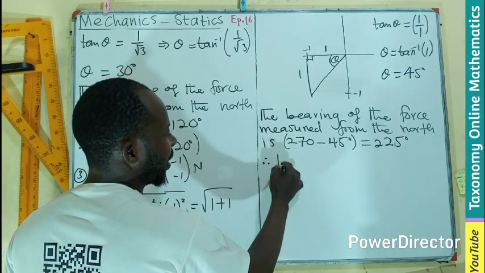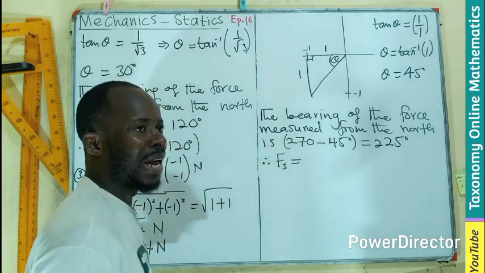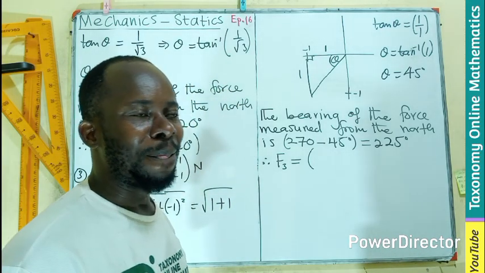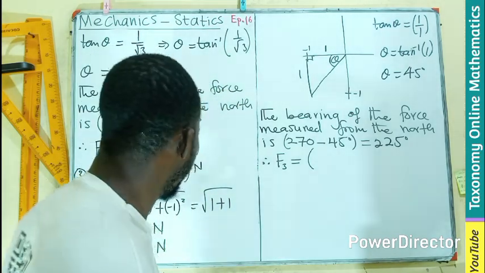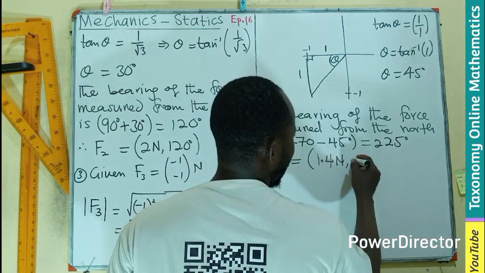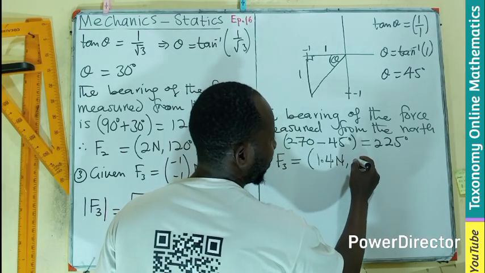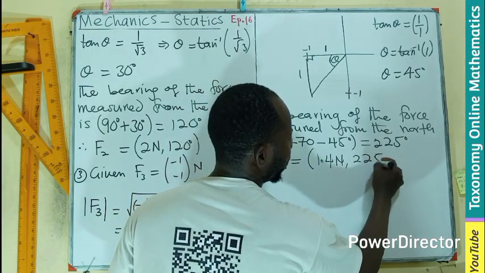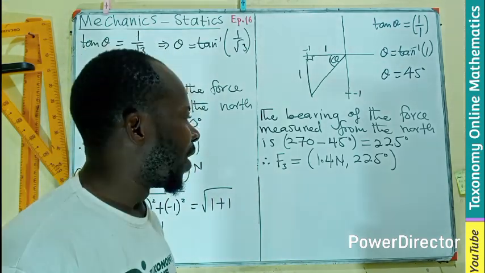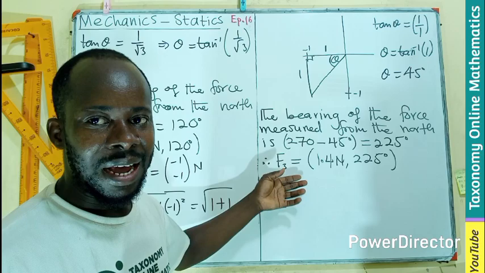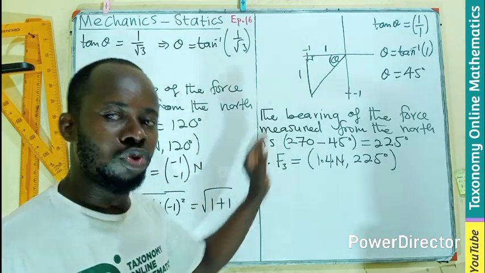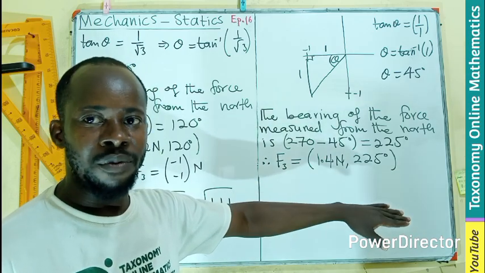So therefore, the force 3 in the magnitude and bearing form is going to be the magnitude 1.4 Newton, bearing is going to be 225 degrees. The distance will be a direction, not a distance. All right. So this is also showing the force resolved from component form in the third quadrant to the magnitude and bearing form. All right.